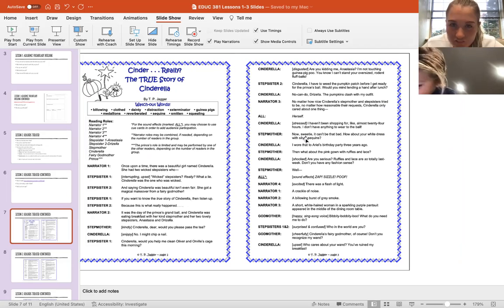Are you narrator? Oh, that's 3. I'll be narrator 3. No matter how nice Cinderella's stepmother and stepsisters tried to be, no matter how responsible or reasonable their requests, Cinderella only cared about one thing. Herself. I haven't been shopping for almost 24 hours. I don't have anything to wear to the ball.